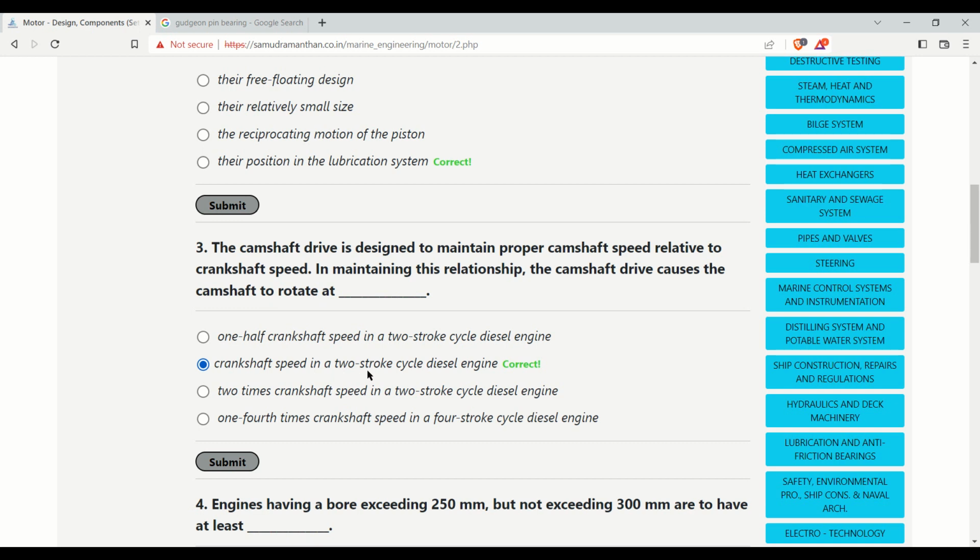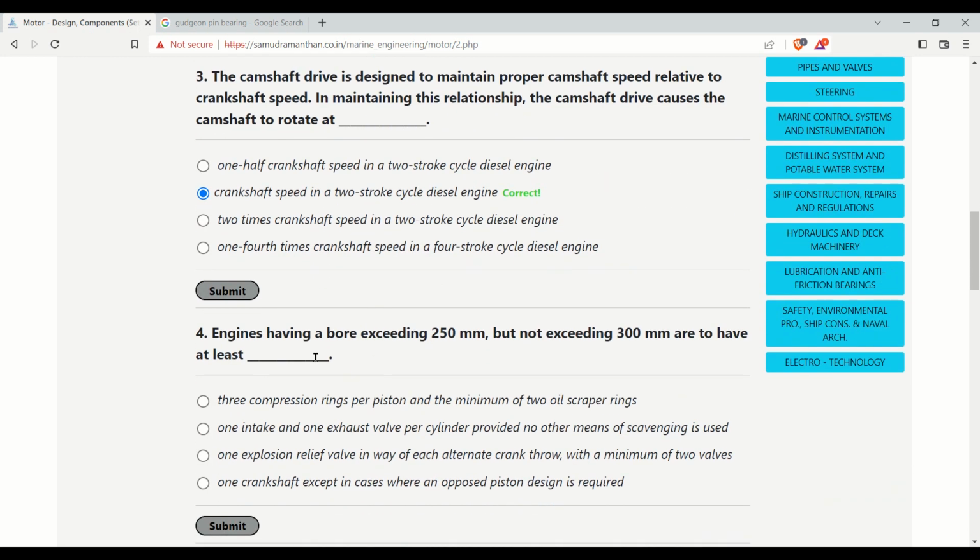Because in a two-stroke diesel engine the whole cycle completes in one revolution of the crankshaft, and in a four-stroke diesel engine the whole cycle completes in two revolutions of the crankshaft. Okay, let's move to the next question.